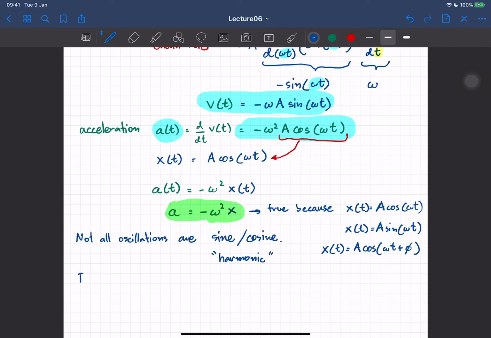But if that particular oscillation obeys this equation, a equal to minus omega square x, then it is harmonic, meaning that the solution for displacement is sine or cosine.